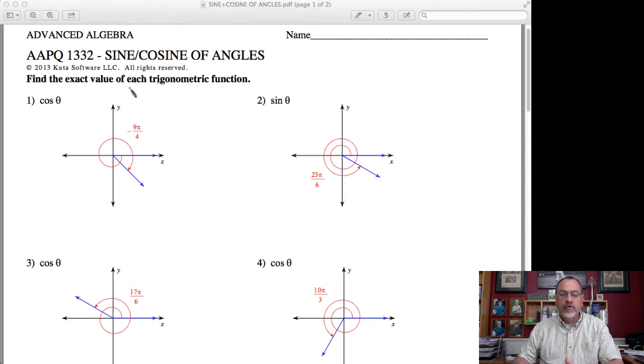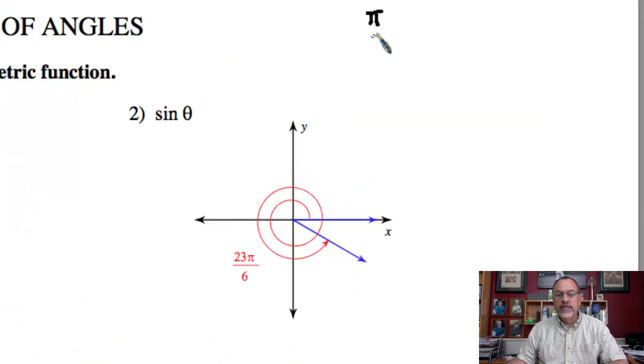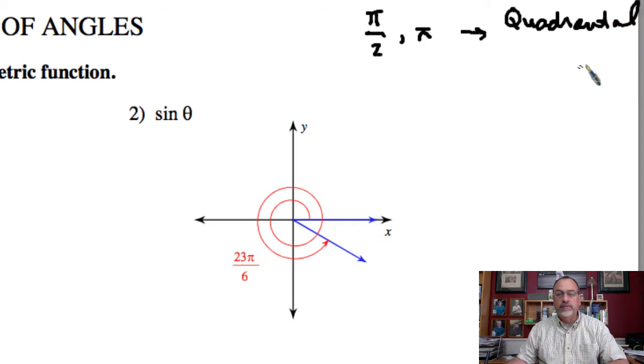in the future. Just as a reminder, some things may help you remember at least the measure of these central angles that we'll be looking at. Anything that has a denominator of 2, or a multiple of 2, or even a denominator of 1, meaning something like just pi over 1, these are called quadrantal angles.